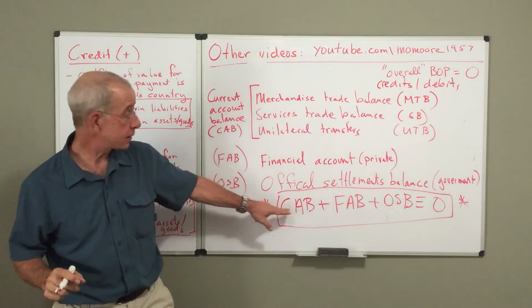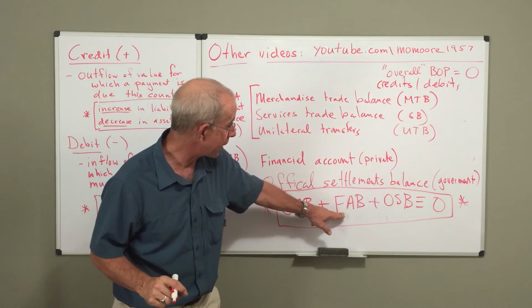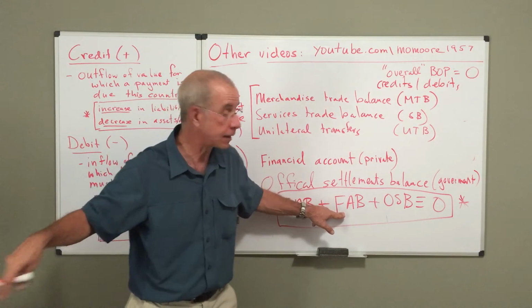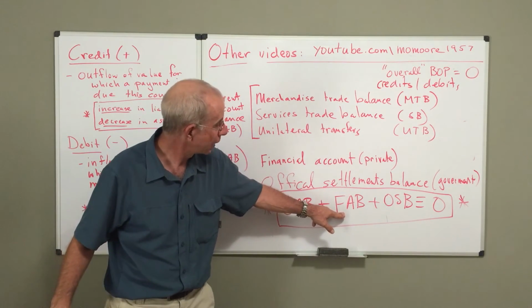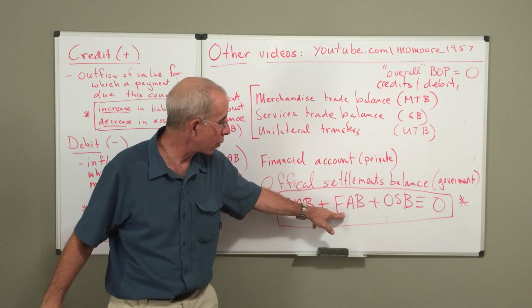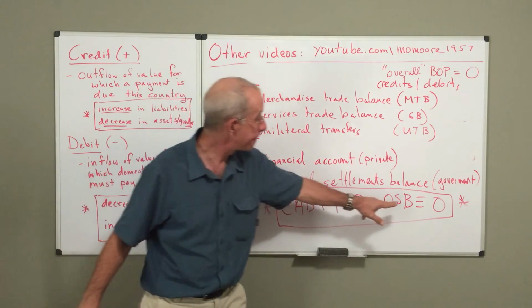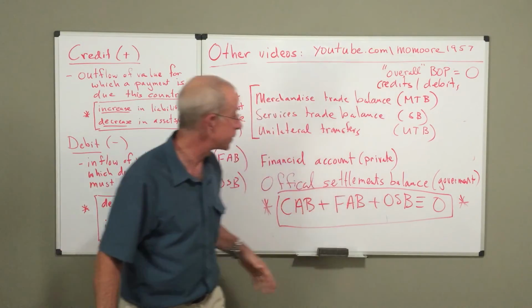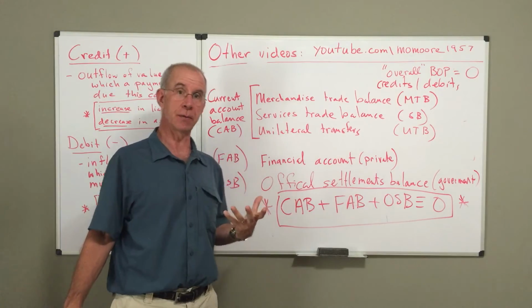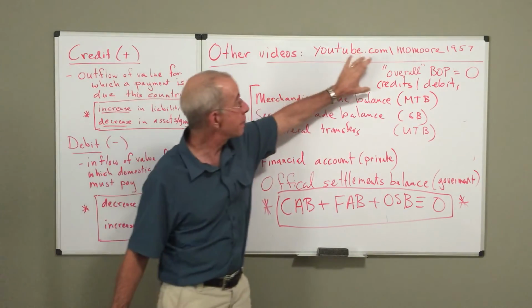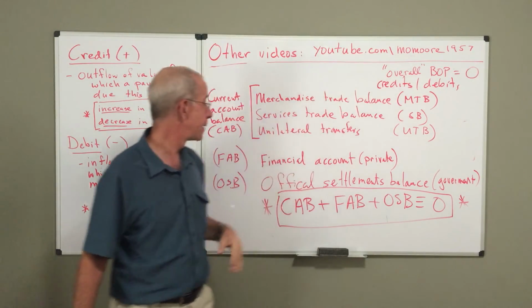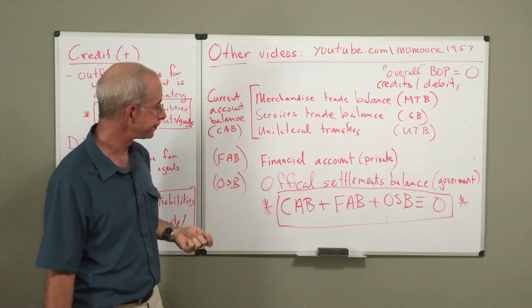The current account balance plus the financial account balance, and again, leaving out the capital account, that's sort of a relatively unimportant one, at least for most countries, plus the official settlements balance must be equal to zero. That's what we mean by the overall balance of payments being in balance.